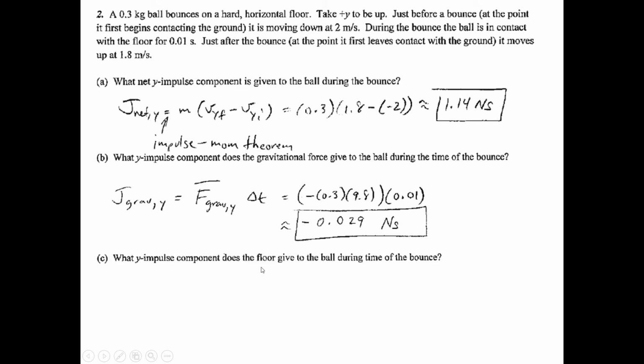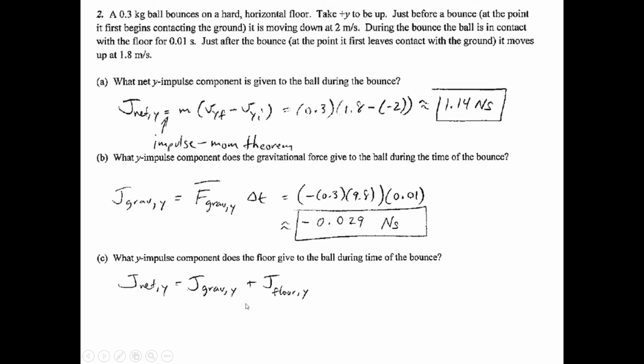What y impulse component does the floor give to the ball during the time of the bounce? In this case, we don't know what the floor force is. It's rather complicated. When the ball has compressed just a little bit, the upward floor force is going to be small. When it compresses a lot, the upward floor force will be rather large, and then it will get small again as the ball decompresses. To calculate that impulse directly would be really hard.